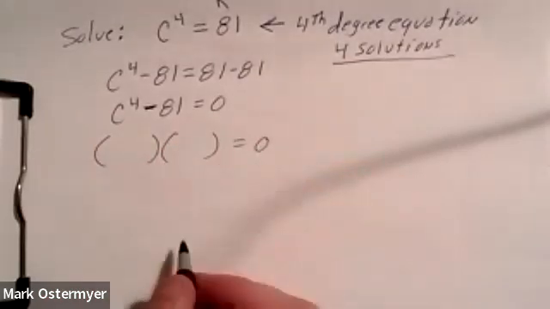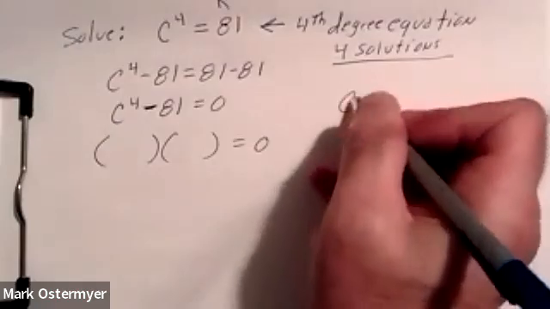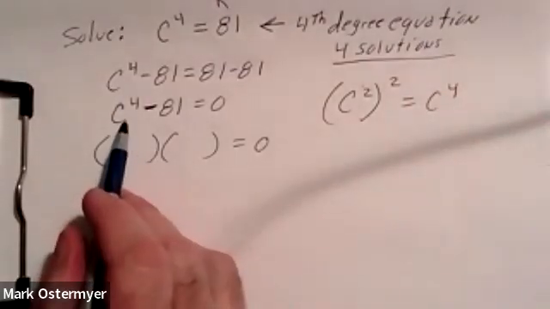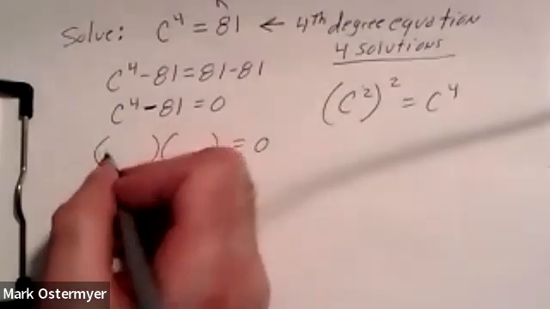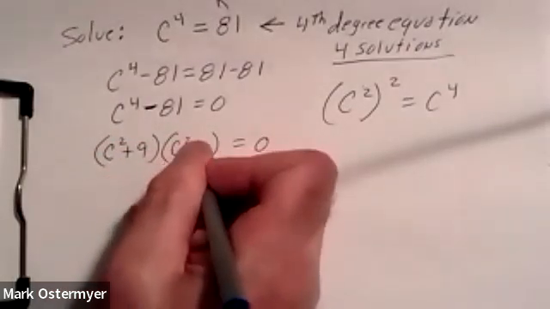What do you square to get c to the 4th? C squared. So c to the 4th minus 81 is going to factor into c squared plus 9 times c squared minus 9.